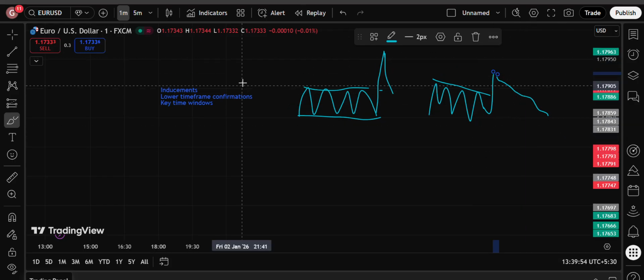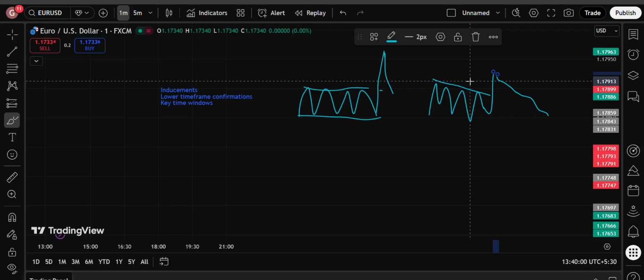This is the main difference between inducements and sweeps. Sweeps are not as meaningful as they don't happen in our key time window. Inducements are more likely to happen at key time windows. It doesn't mean it's going to only happen in a key time window, but it's more likely to happen, and less likely to be manipulated in our key time windows. So that's the difference between inducements and liquidity sweeps.